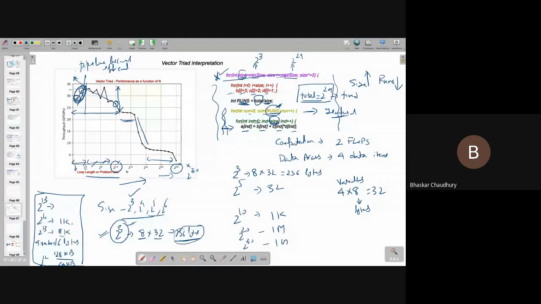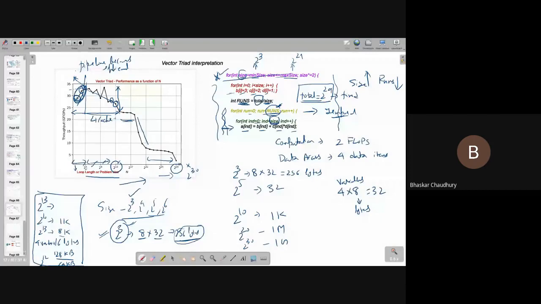Now let's look into 2 to the power 12. So this is the 2 to the power 12 point. I don't exactly remember the architecture, but it looks like this is where the downward trend started, probably 2 to the power 12 or 13. So up to this point the L1 cache was supporting you.